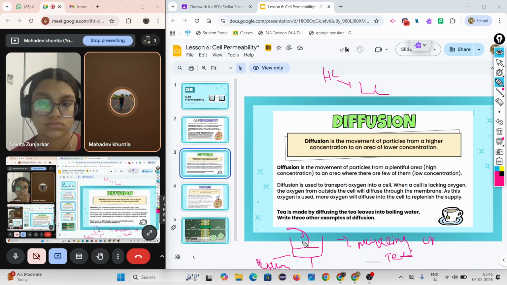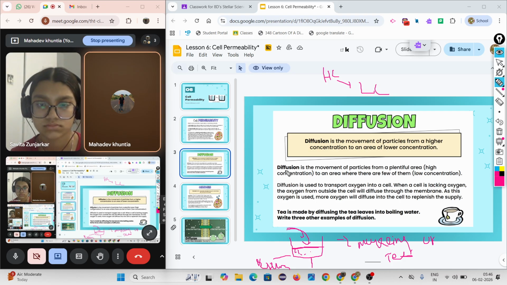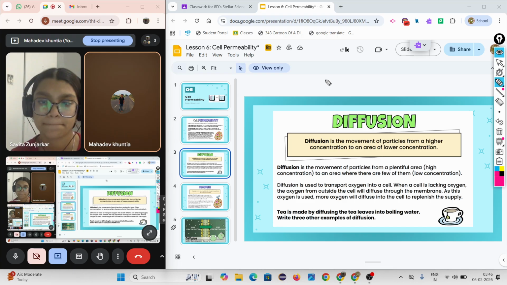Then what should you do? You wait until the tea leaves mix with the water. This is also an example of diffusion. Diffusion means movement of particles from higher concentration to lower concentration.